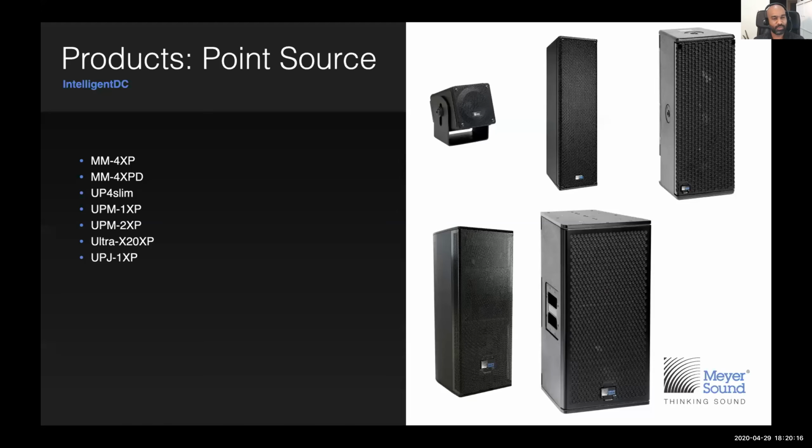Coming to point source, you will see we have a bunch of options starting from the 4-inch, which is the smallest of the family, to the 10-inch UPJ 1XP. Again, the idea here is to have different power output levels and different dispersions for loudspeakers, so you can pick one depending on your application.